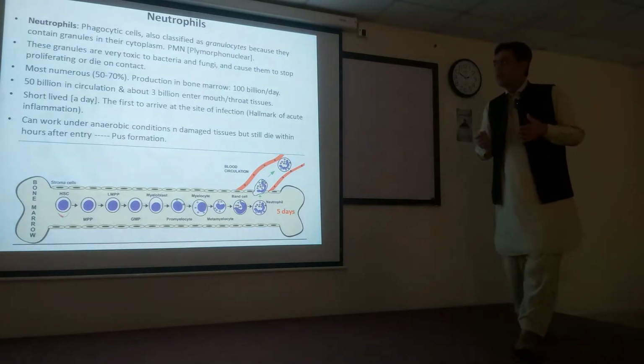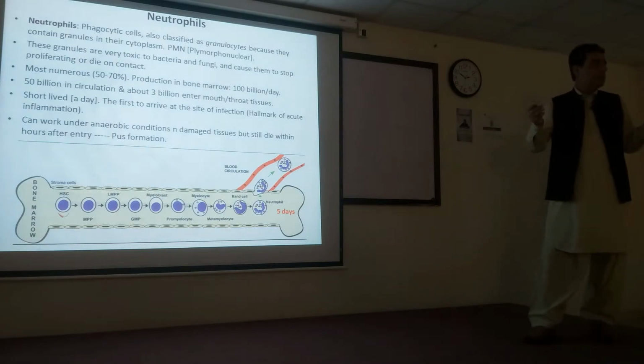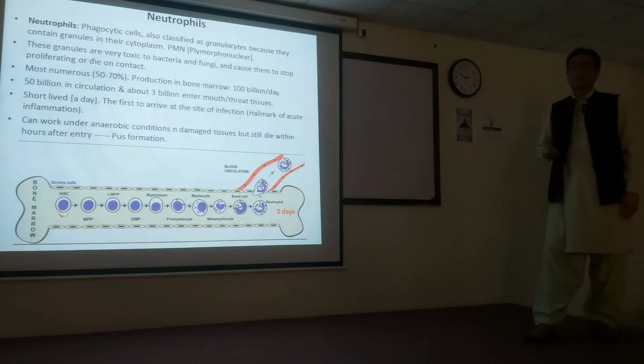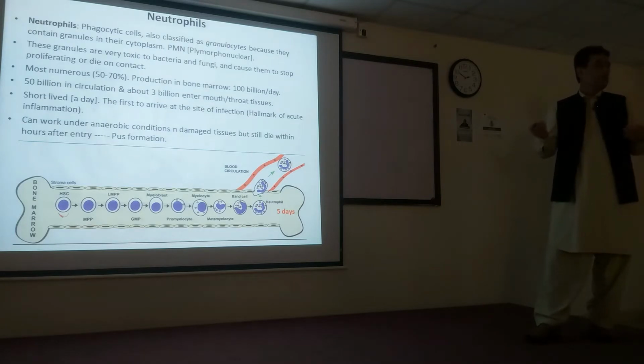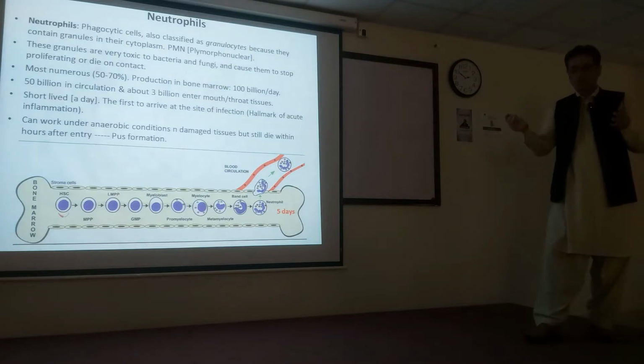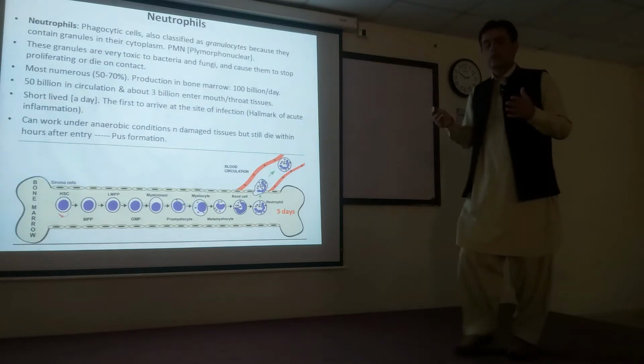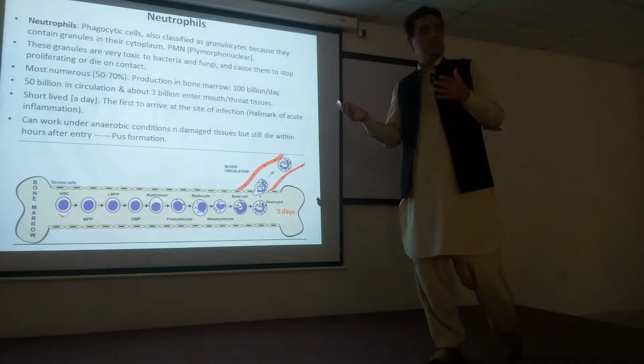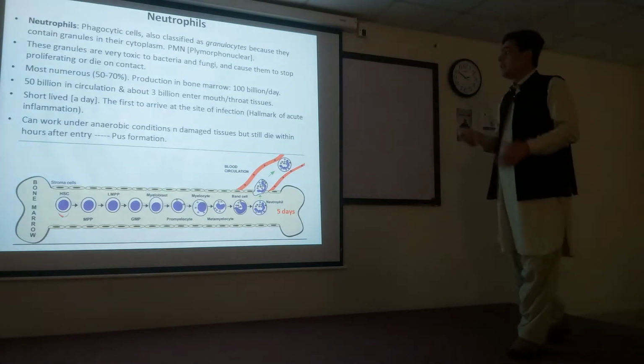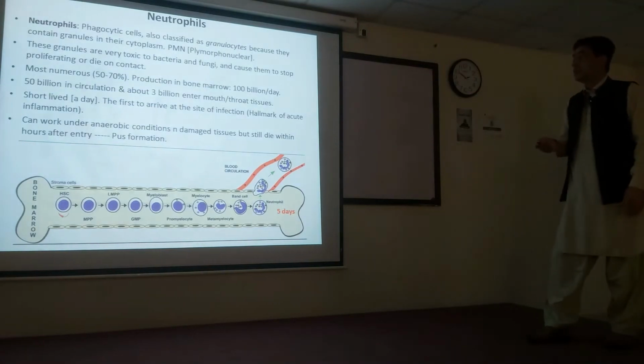There are several lobes of the nuclei in the case of neutrophils. That's why we call them polymorphonuclear cells. The nucleus does not have only a single morphological shape; it has several lobes.